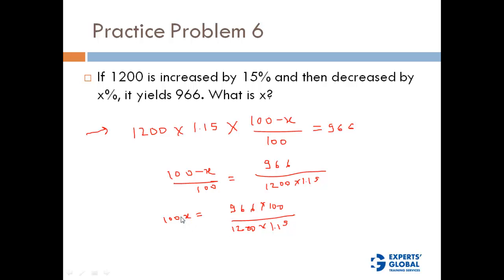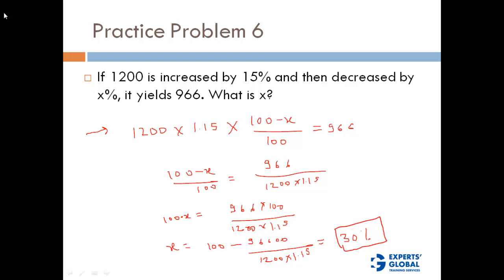This is 100 minus x, and then x is going to be 100 minus 96600 divided by 1200 into 1.15. So when you solve this, what you get is 30%. So that means the value of x is 30%.